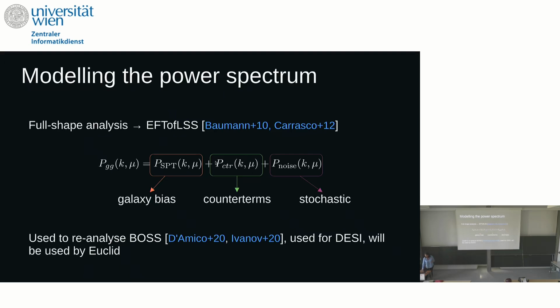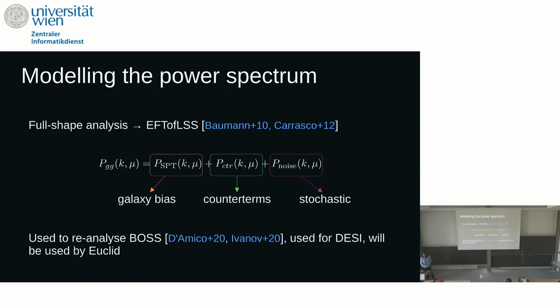It has several contributions: a part based on standard perturbation theory that encodes nonlinear evolution, a contribution from counterterms that include our ignorance of small-scale physics, and also some stochastic contribution of noise. This model has become the standard. It was used to reanalyze BOSS data, it was used for DESI, and it will also be used by Euclid.